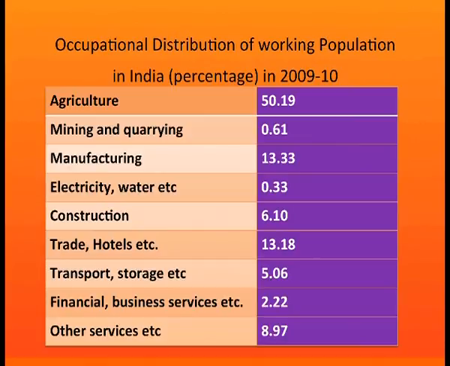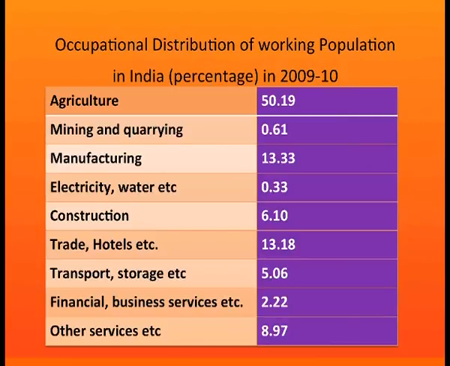According to 2009-10, the agriculture sector occupies almost 50.19% of the total population, whereas the manufacturing sector is employing only 13.33%.